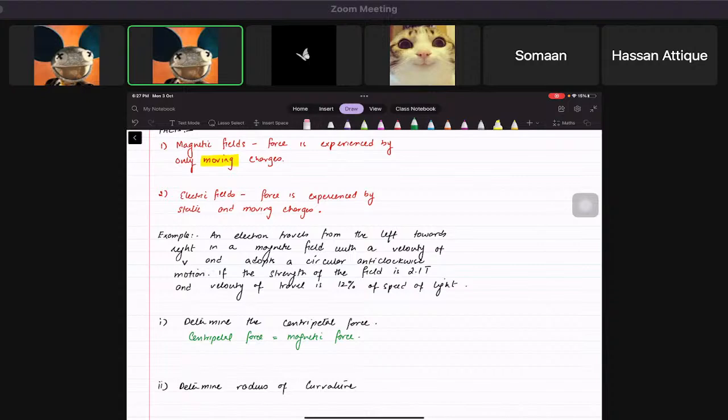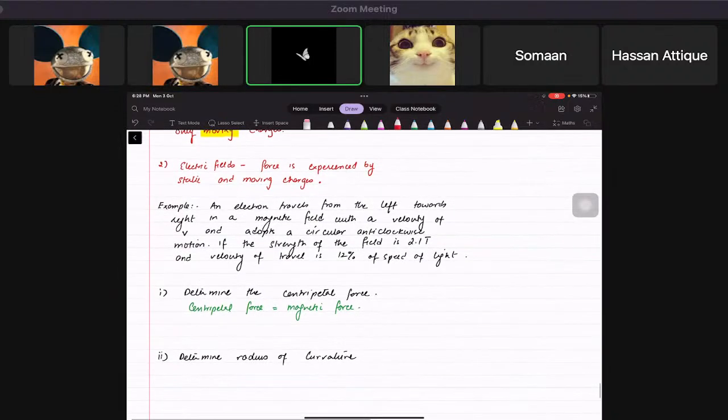Don't remember? Gatika, you remember? Asanti? Yes, which would be BIL. BIL is the force on a wire. BQV it is the one. Gatika, that is for the force on a single charge. So that is going to be F equals BQV.